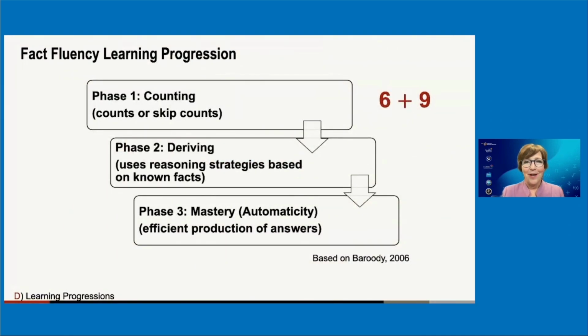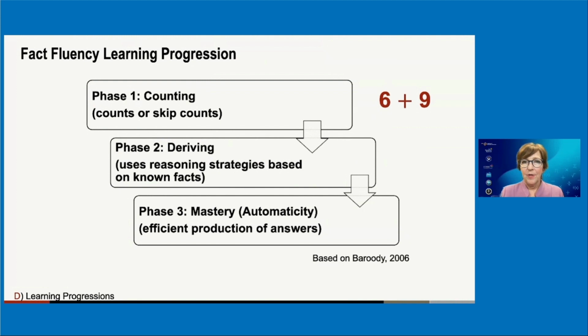One of the very straightforward and simple general learning progressions is by Arthur Baroody, and that is how students naturally develop their understanding of basic facts. They begin with counting strategies, and there are other learning progressions about how those counting strategies develop, and then they move into deriving, coming up with more efficient ways of solving a problem.